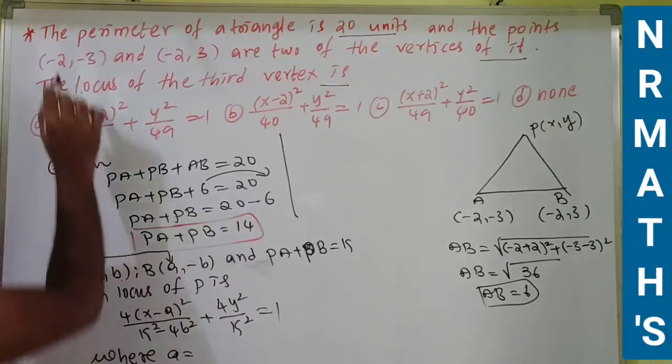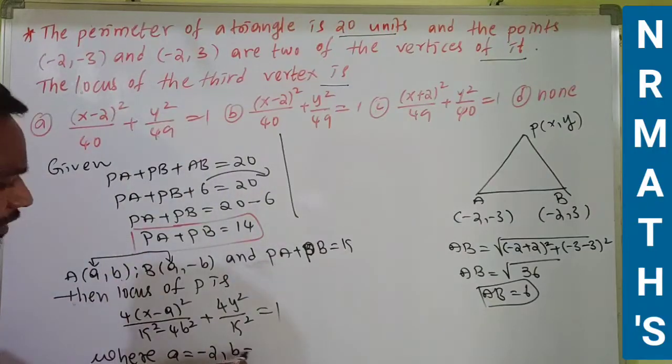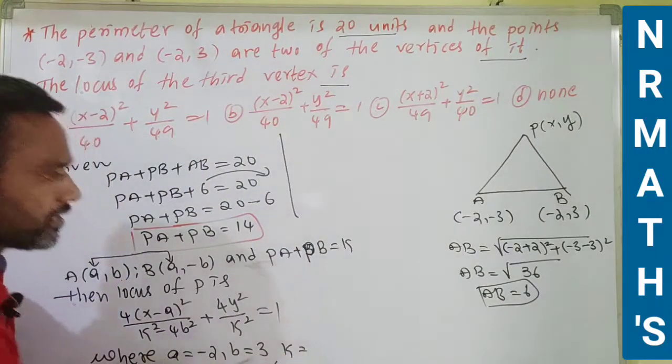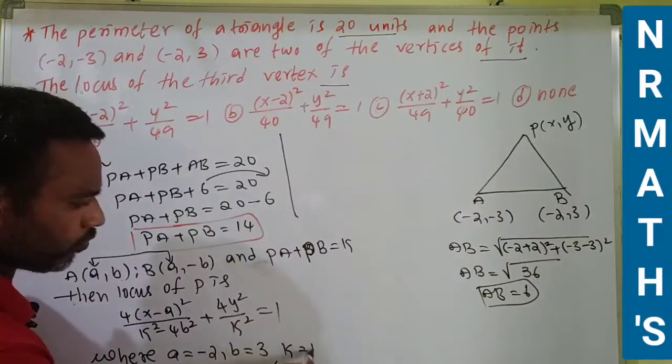Here a is equal to -2. b is equal to 3, we write only 3, not -3. And k is equal to PA plus PB, which is 14.